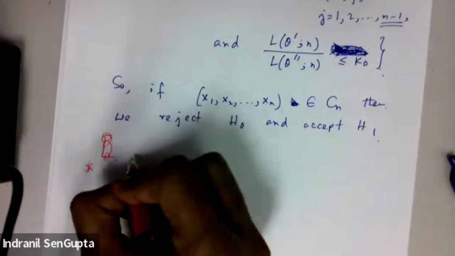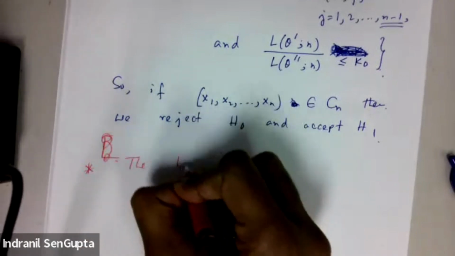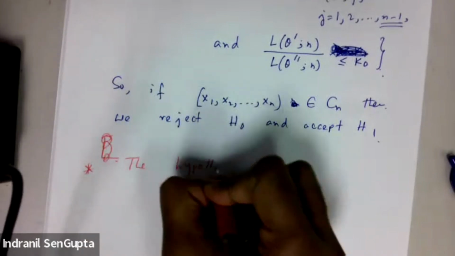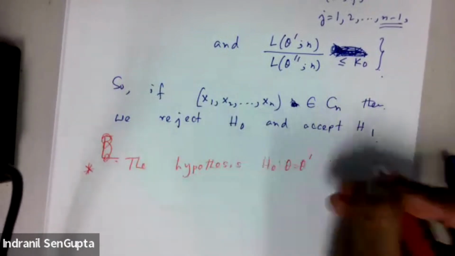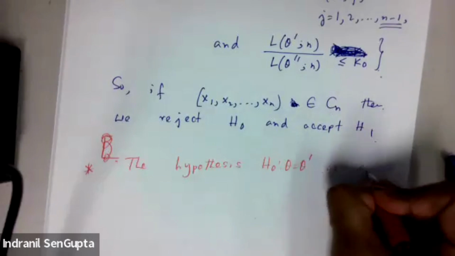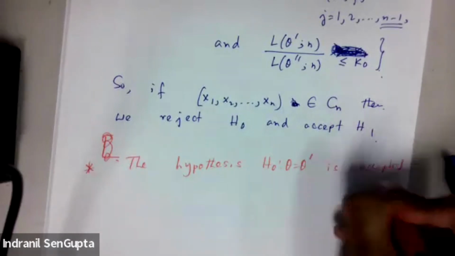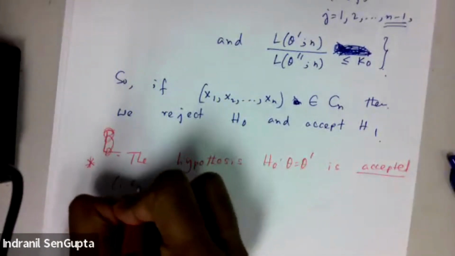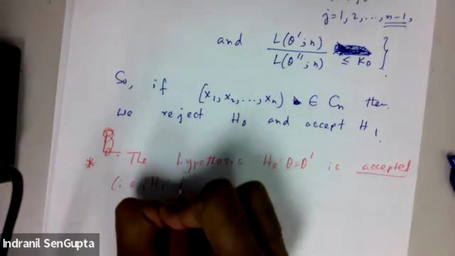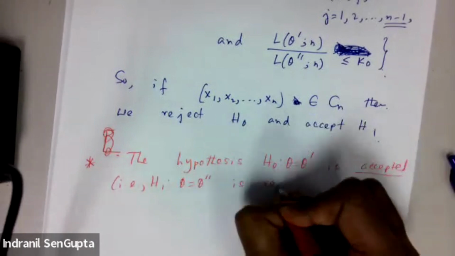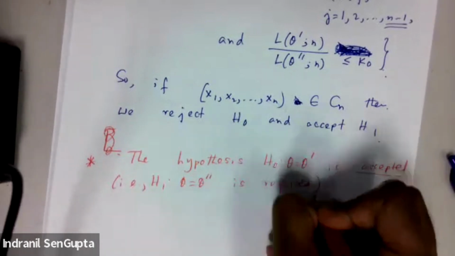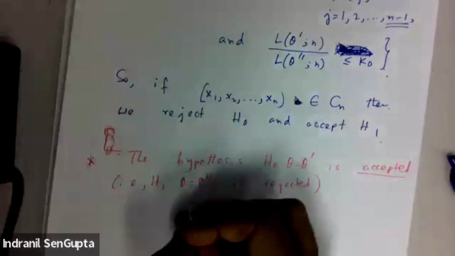So on the other hand, the hypothesis H0, which is theta equals theta prime, is accepted, and H1, which is theta equals theta double prime, is rejected, if and only if.